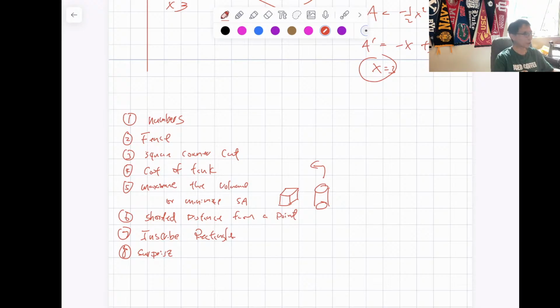Okay, so numbers, fences, square corner, cost of a tank. I love cost of a tank. All those are questions. Question 8 is a surprise, and I'm going to give you extra credit hints right now.